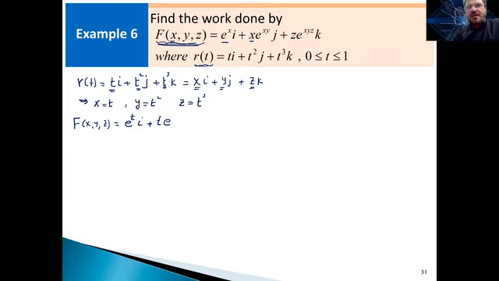X times y, by the way, is t times t squared, which is t cubed, plus z. What's z? Z is t cubed. Then what? E to the xyz. If I multiply t times t squared is t cubed, and t cubed is what? T to the 6.